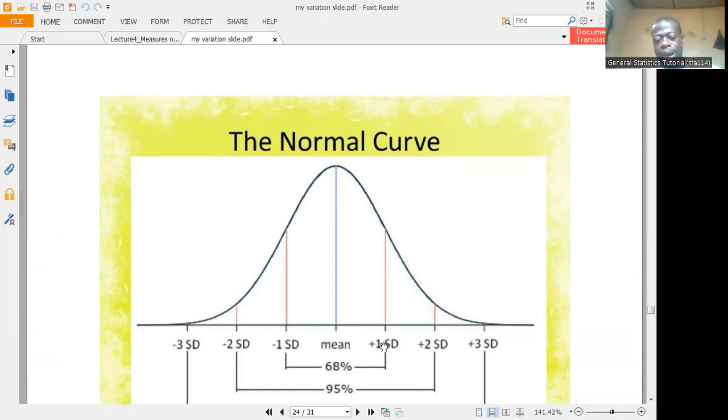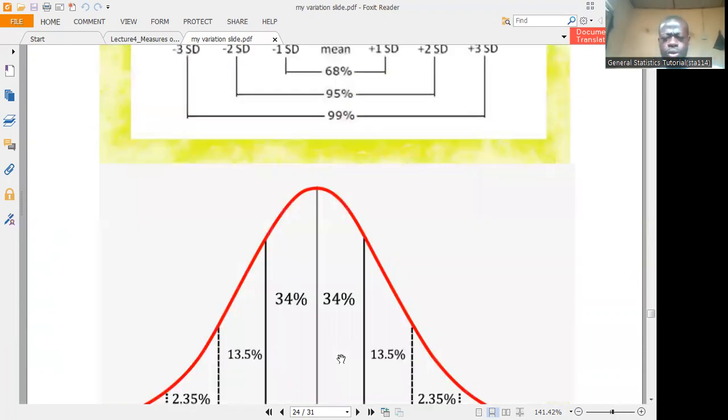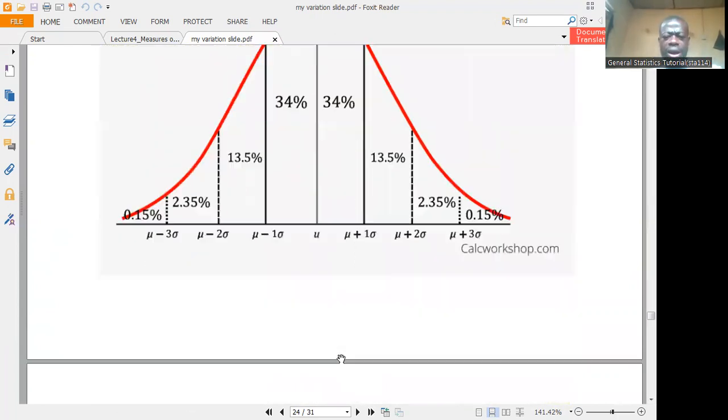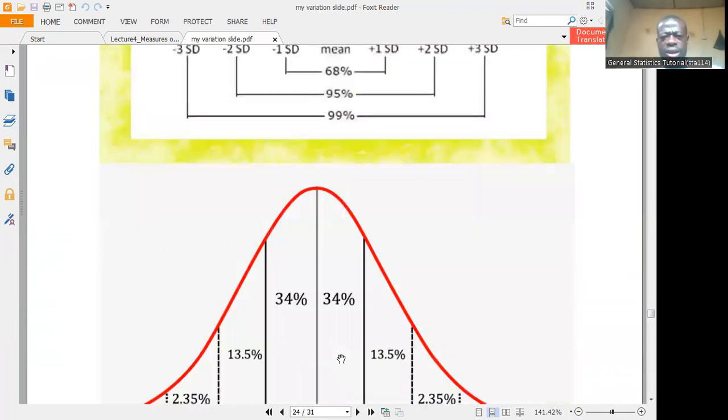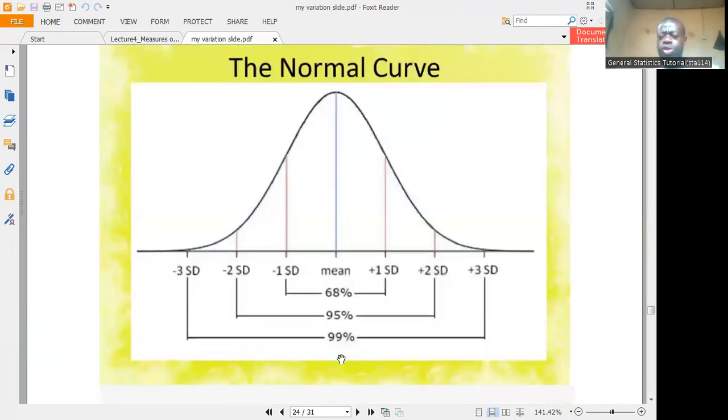When you deviate by one standard deviation, we say you have minus one standard deviation and plus one standard deviation. That means you add one standard deviation to the mean, and you subtract one standard deviation from the mean. So what is the empirical rule? What does the empirical rule state? It tells us that if data is normally distributed, 68% of the data lies within one standard deviation.